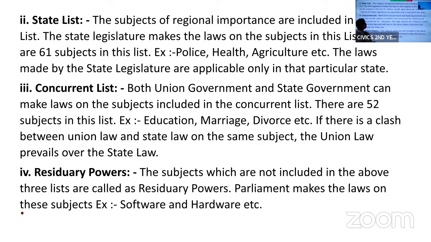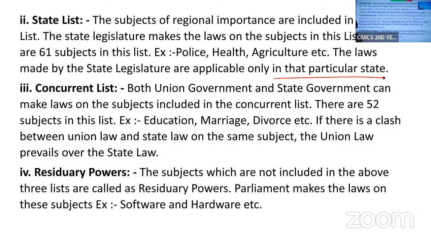For example, the laws made by the Telangana state legislature will be applicable only in Telangana, and the laws made by the Maharashtra legislature will be applicable in Maharashtra.